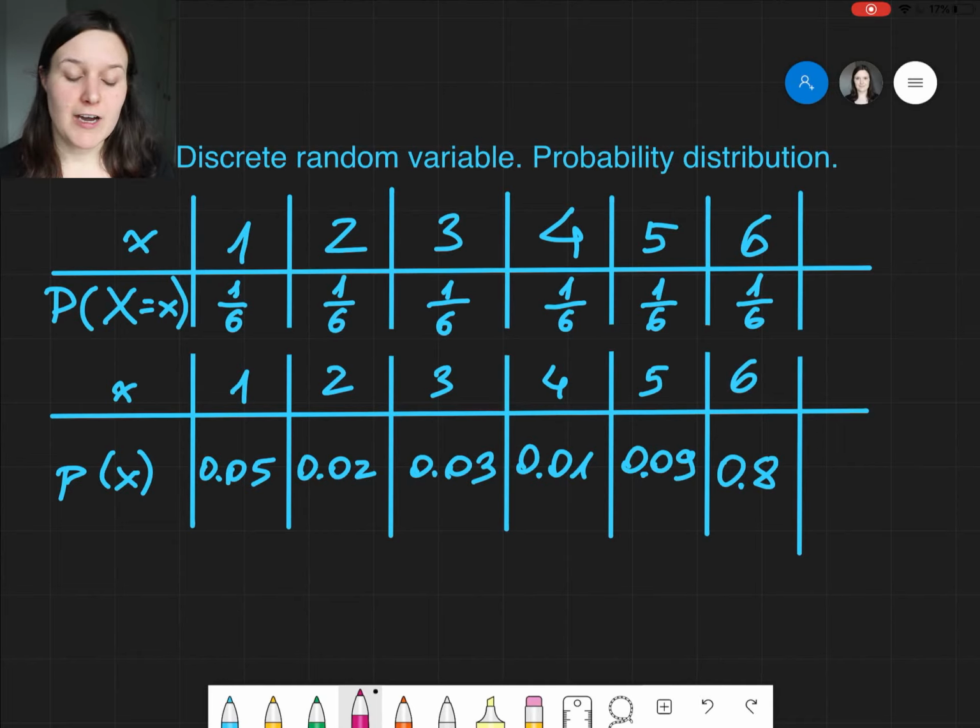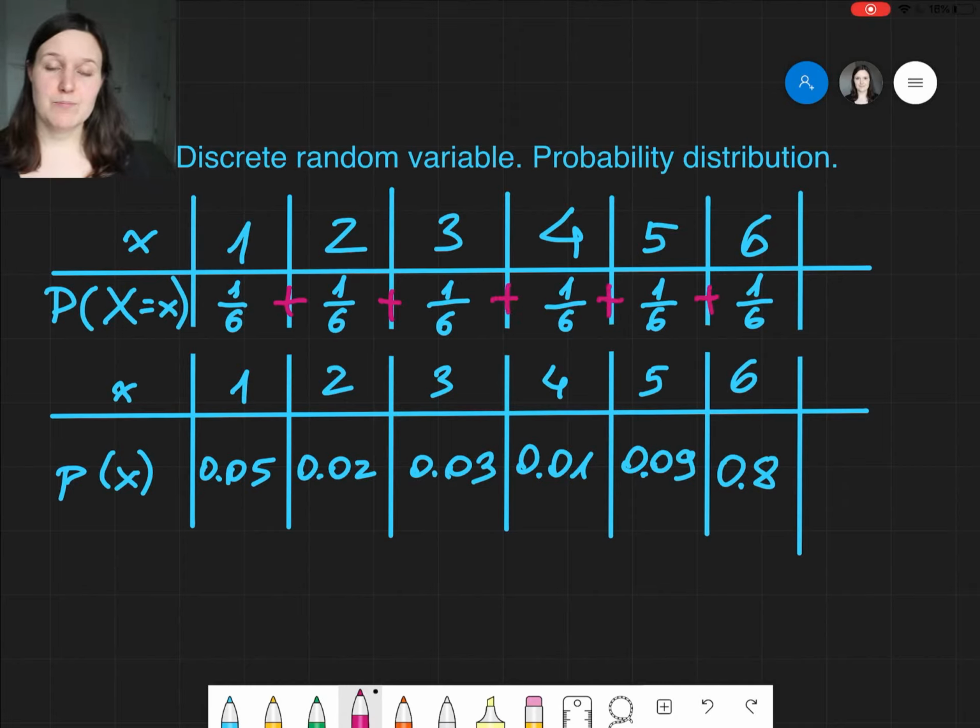I'm finding the probability that I will get the result 1 or 2 or 3 or 4 or 5 or 6, which has to be equal to 1. Because if I roll a die, I have to get one of those, naturally. So it is an event which has to happen, and then the probability is 1.